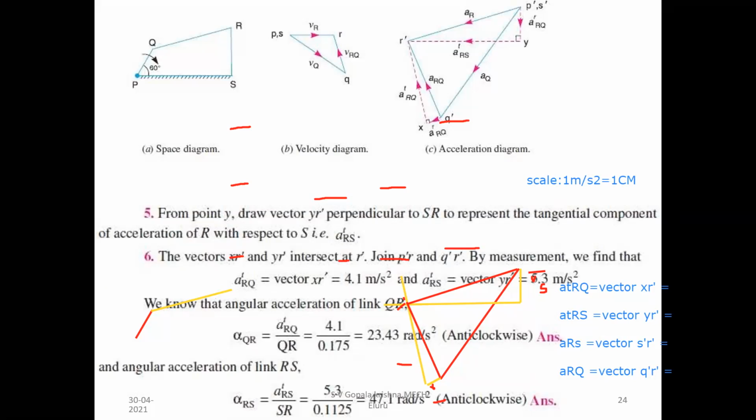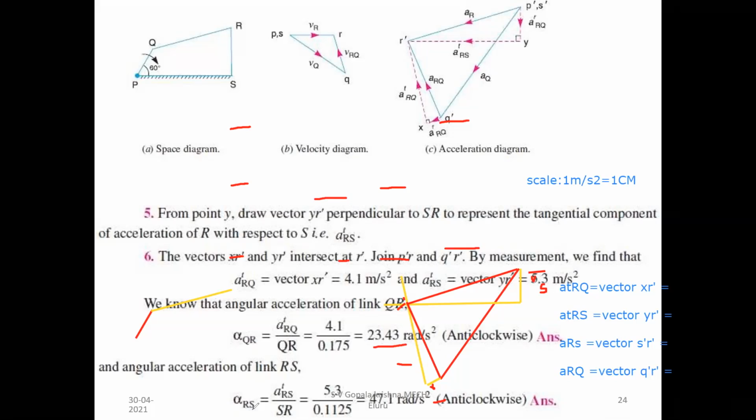alpha QR equals to AT RQ by QR. That means we have the relation AT RQ equals to alpha into QR. So alpha equals to tangential acceleration by radius. Just substituting the values, we get 23.43 radian per second square.